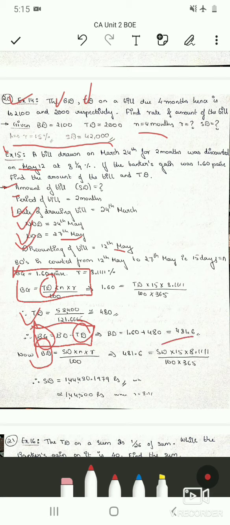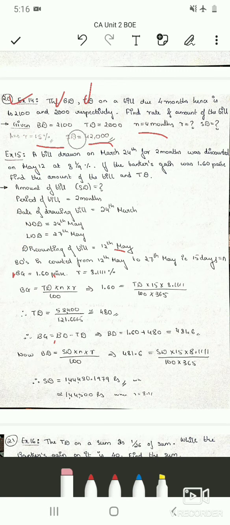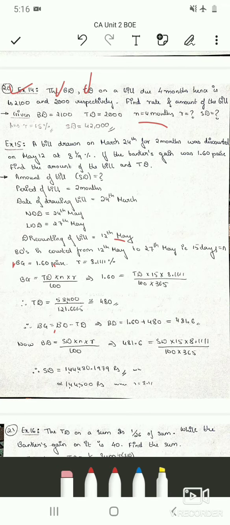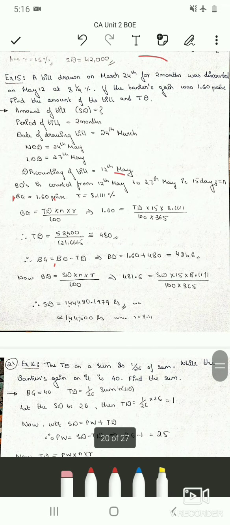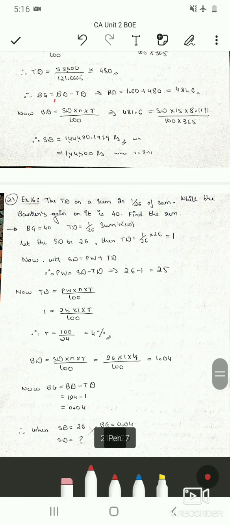Therefore the banker's discount will be the banker's gain plus the true discount, which is 481.6. Now in the formula of the banker's discount, all the terms are known except the sum due or the amount of the bill. Solve for it, you will get the answer as 1,44,500 rupees. So all the problems are similar with slight changes, so you will be able to solve it.